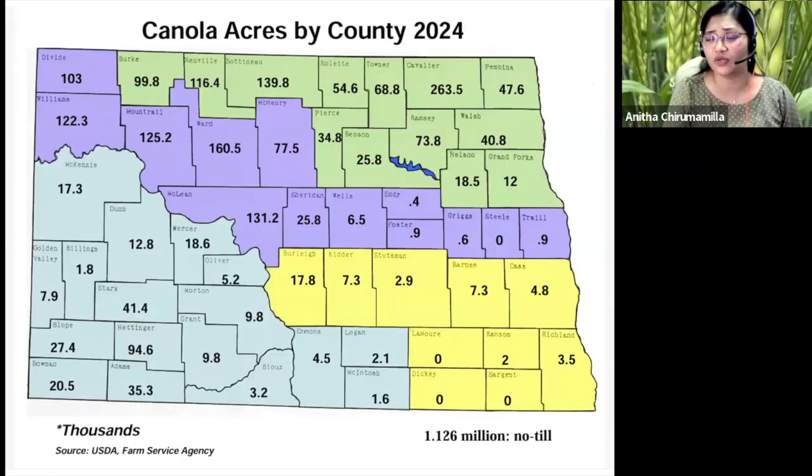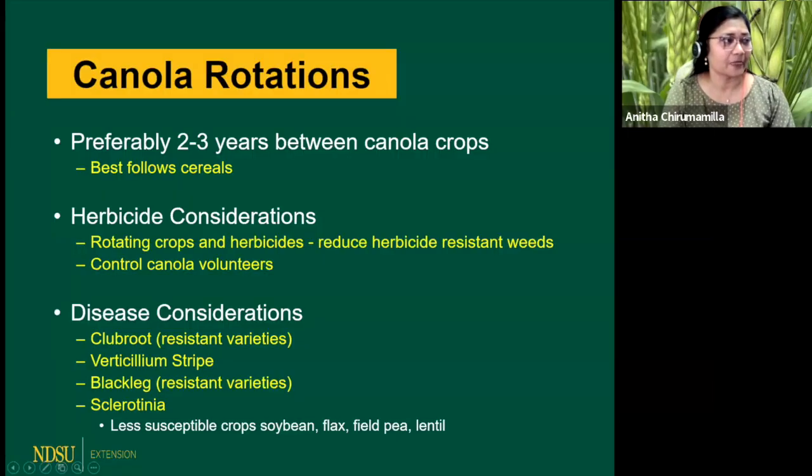This is a map showing the acreage in different counties. You can see most of the acreage is concentrated in the northern half of the state, but it is very encouraging to see how it's spreading all over the state. There are a lot of producers who are interested in growing canola in North Dakota.